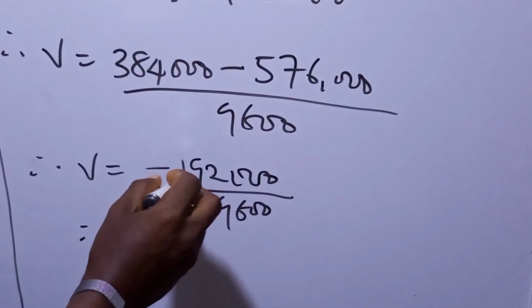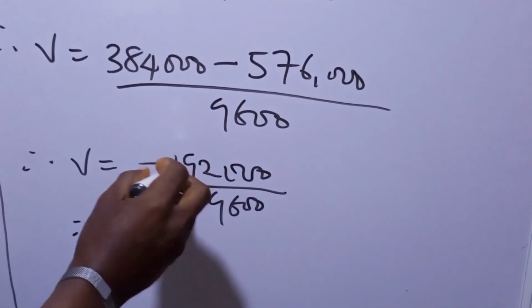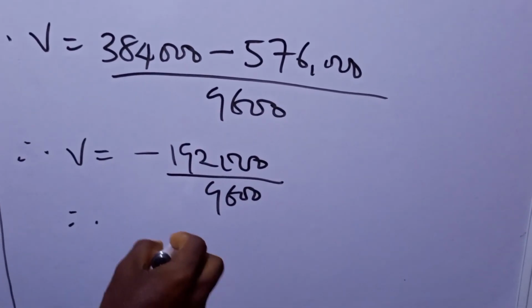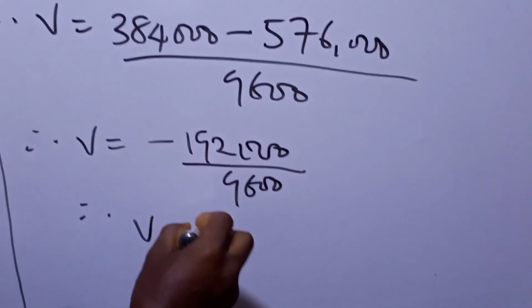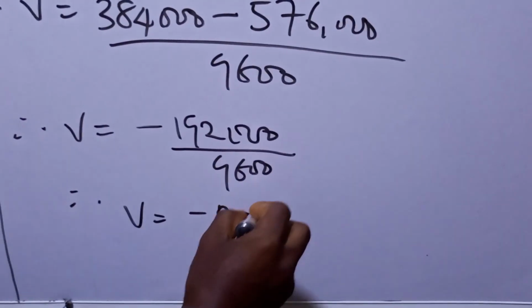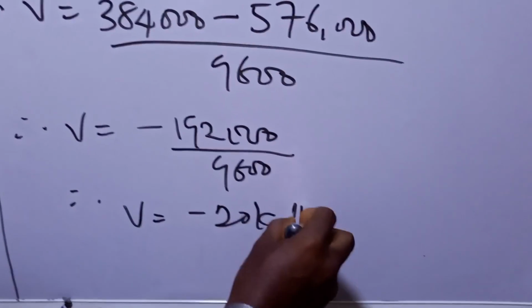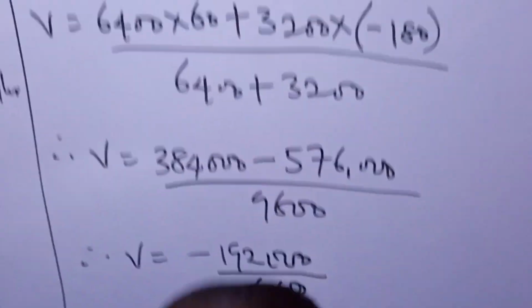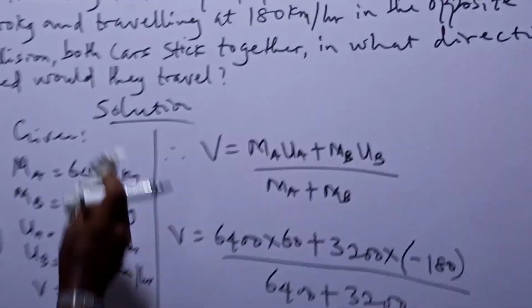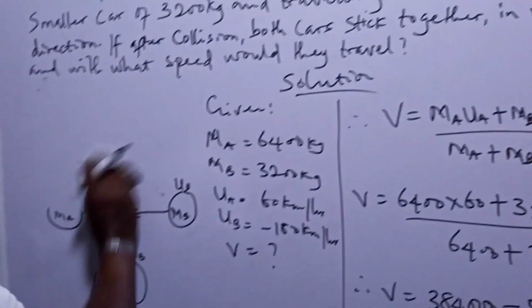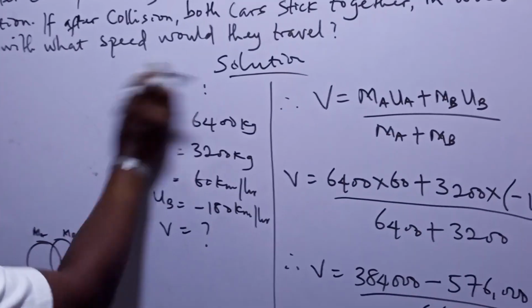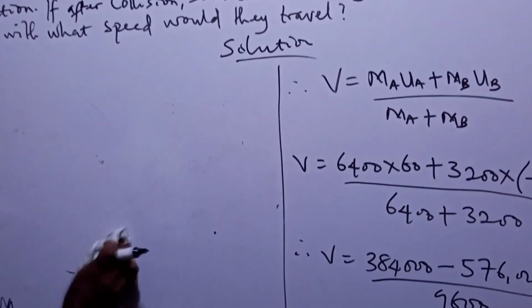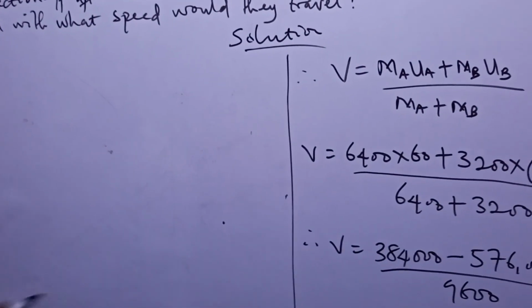Therefore, 192,000 divided by 9,600 will give you velocity equal to minus 20 kilometers per hour. Now, they ask in what direction did they, or would they, travel rather?